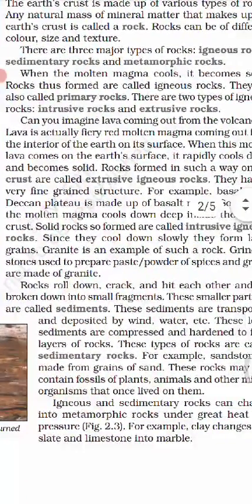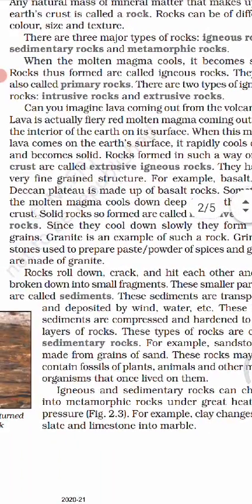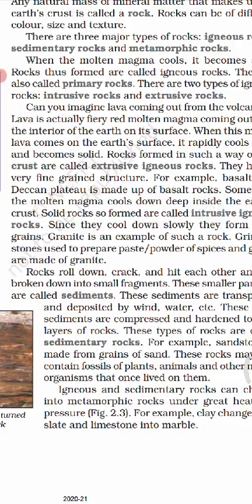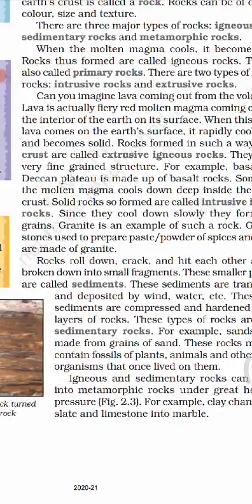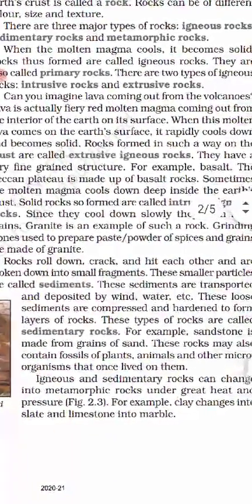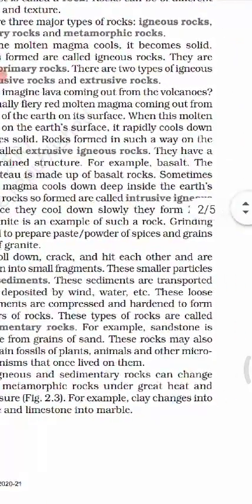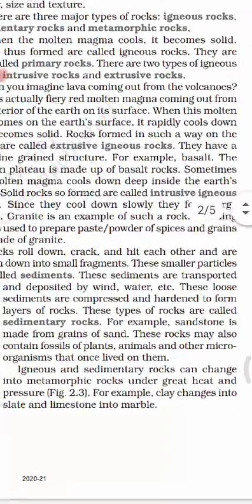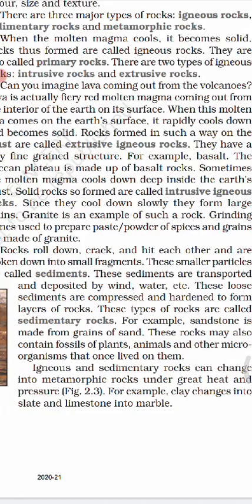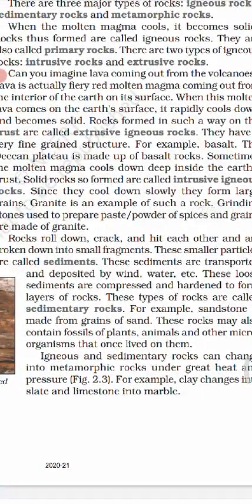When rocks roll down, crack, and hit each other, they are broken into small fragments or small pieces. These smaller particles are called sediments. These sediments are transported and deposited by wind, water, etc. These loose sediments are compressed and hardened to form layers of rocks, and these types of rocks are called sedimentary rocks.